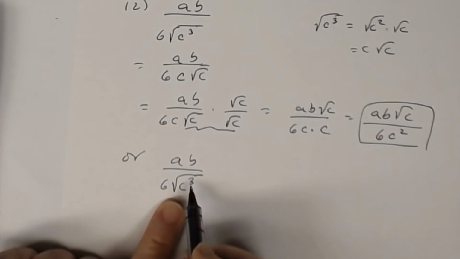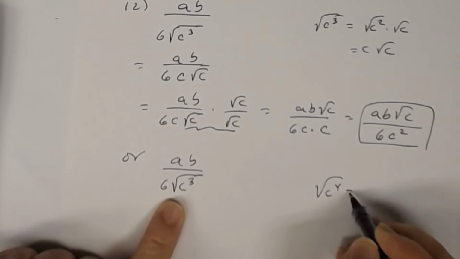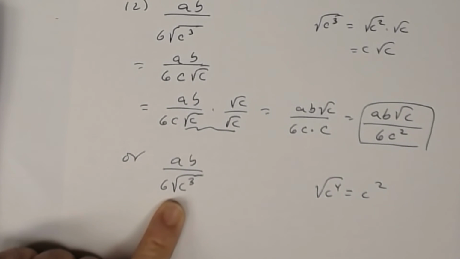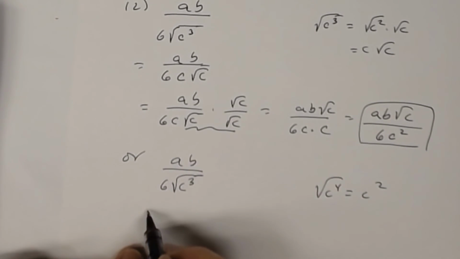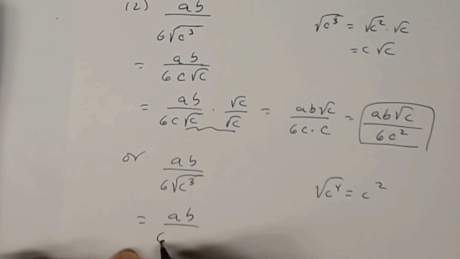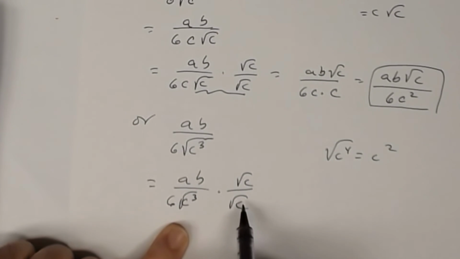If that was a 4, then I know that the square root of c to the 4th is c squared, based on previous lessons, because c squared times itself is c to the fourth. So in order to get c to the fourth here, let me go ahead and rewrite this over just to kind of save that little part here. All I need to do is multiply both numerator and denominator by the square root of c, because c cubed times c is c to the fourth, right?